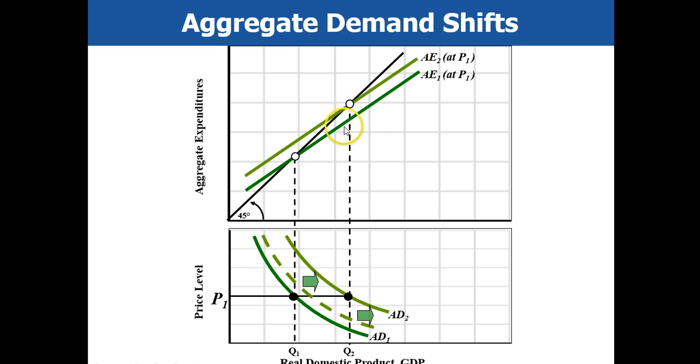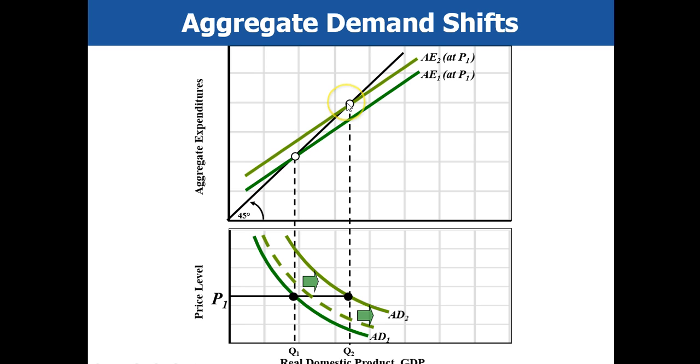In this case, it shifted upward. So an increase in aggregate expenditures is what you would expect. And what that causes is the new equilibrium to be at a point here rather than the original equilibrium. So we have AE1, it shifts upward caused by that change in investment.